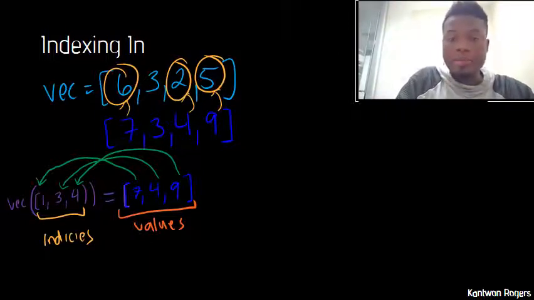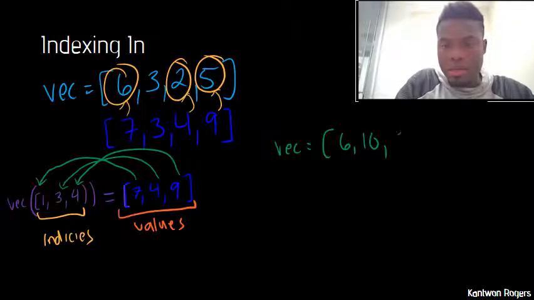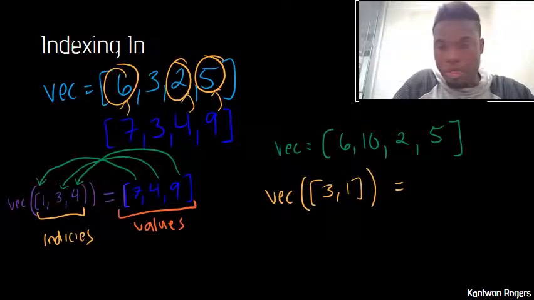So let's say I had a vector that was 6, 10, 2, and 5, and I said something like back of 3 and 1, I want to place in a 4.